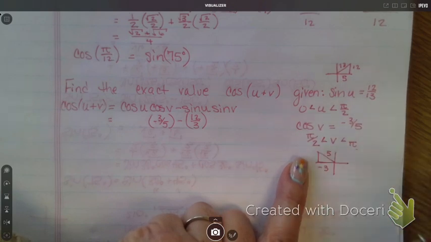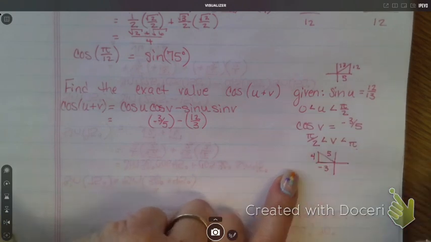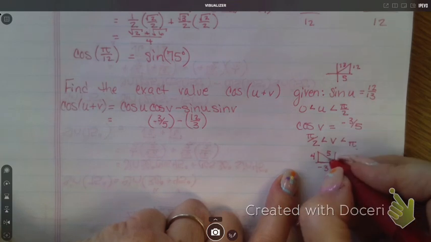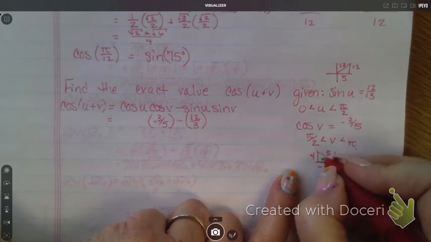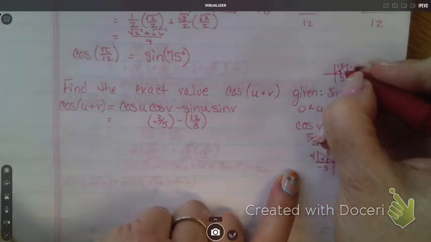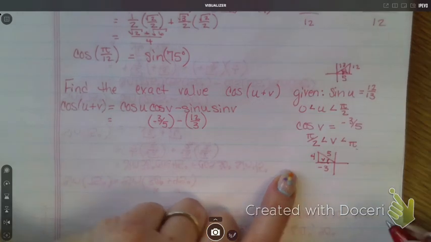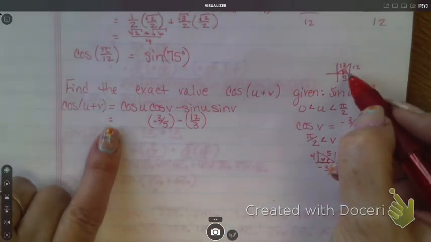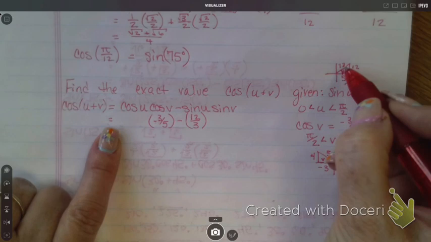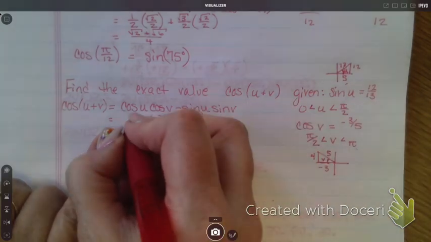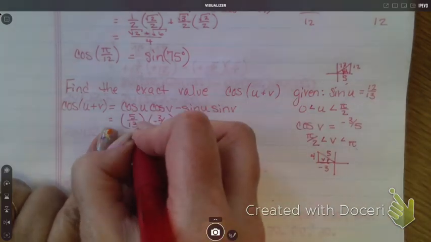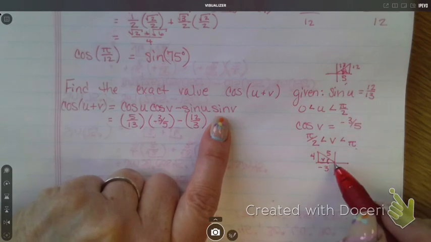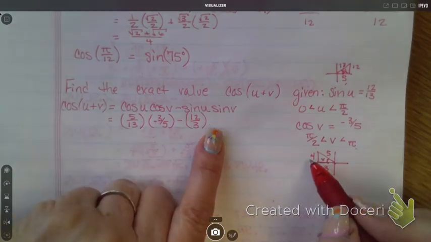Using the Pythagorean theorem you come out with 4. So this angle is V, and this angle is U. What is the cosine of U? Cosine of U is 5/13. And what is the sine of V? 4/5.